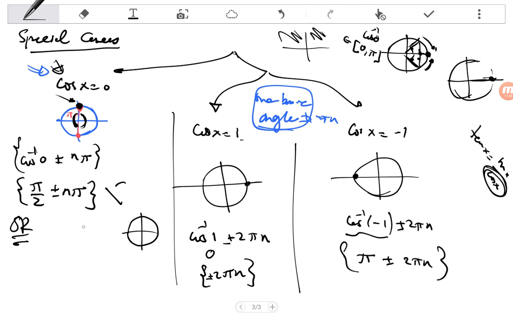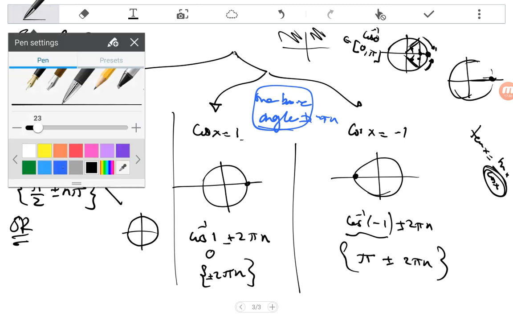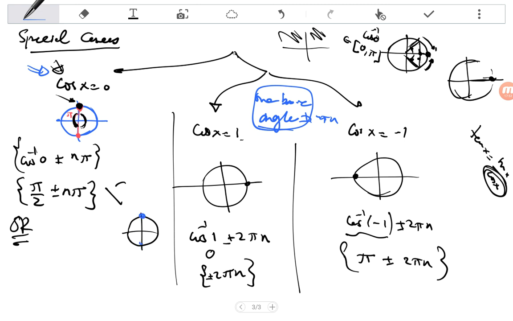Okay? So if you just look at these angles, which are pi over 2, 3 pi over 2, 5 pi over 2, and so on, and each of these values with plus or negative signs, you will find a pattern in these angles.